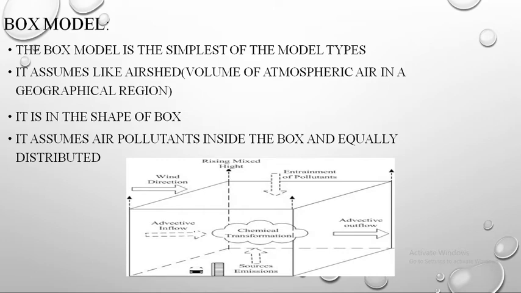This is very important. Homogeneous is nothing but same phase. This model is very limited in its ability to accurately predict dispersion of air pollutants. The assumption of homogeneous pollutant distribution is much too simple.